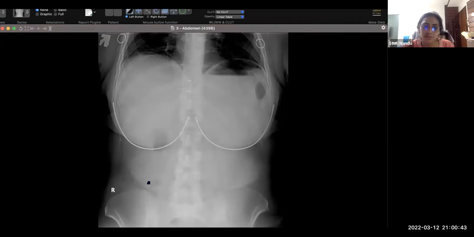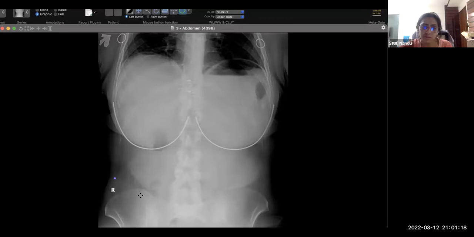Okay. So I'm provided with an abdominal radiograph of a female patient. I'm trying to go through the review areas because I don't see any obvious abnormality on the scan.